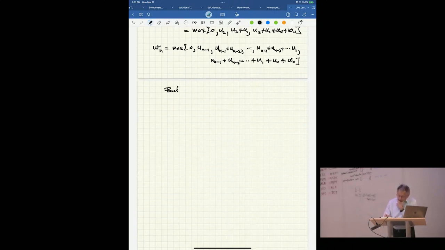But the sequence of U sub i's is a sequence of IID, identically distributed independent random variables.